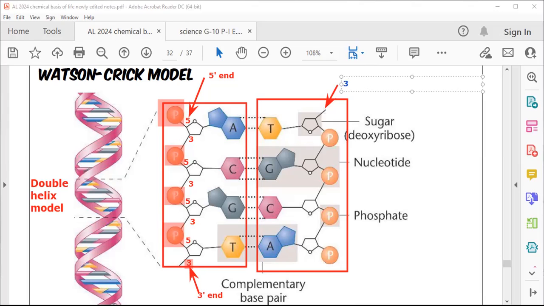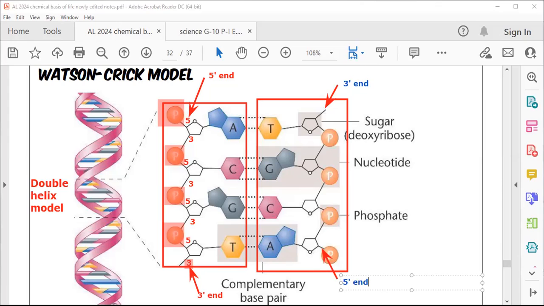Correct? Am I right? Does everyone agree? Yes, sir. Then the opposite end will be 5'.